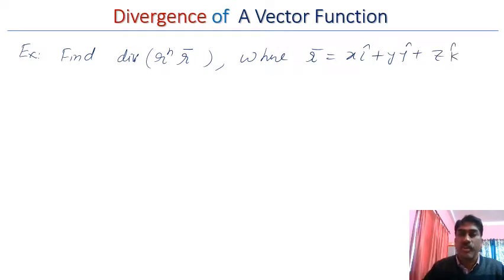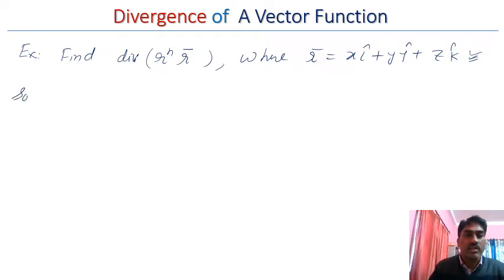Also remember that sometimes in examinations r is not specified. If r is specified, you have to take what is prescribed in the question, but if it is not prescribed, it is always taken as xi plus yj plus zk, meaning the position vector.